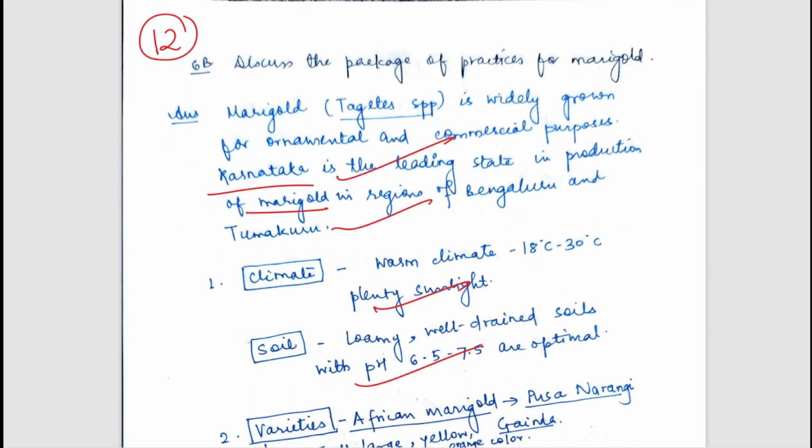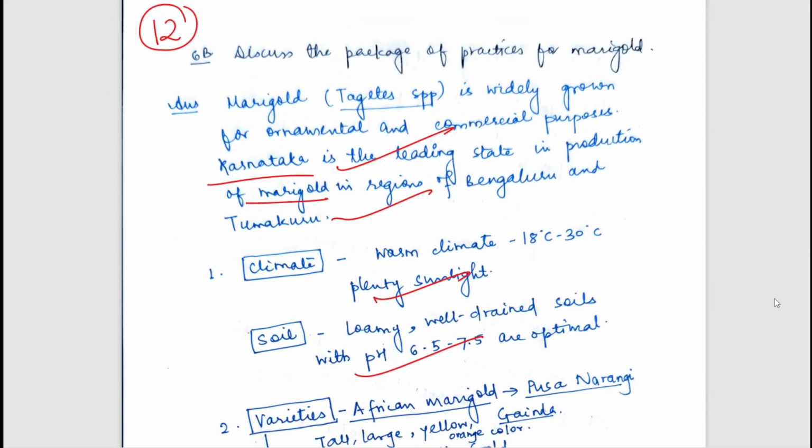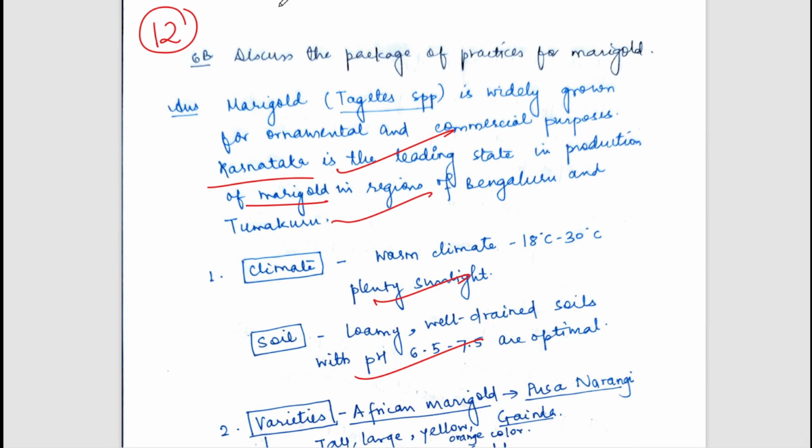And the next question is, discuss the package of practices of marigold. I always tell you to keep in mind that the package of practices are very important, and every year at least two package of practices will come. So you should keep in mind the package of practices for MSP crops, important fruits, and all important horticultural crops.